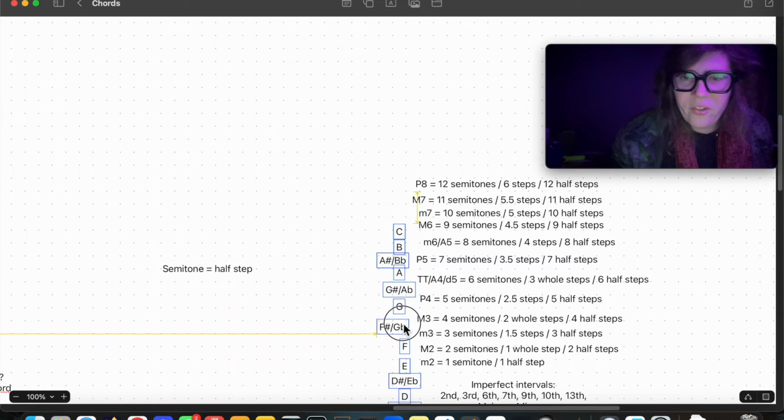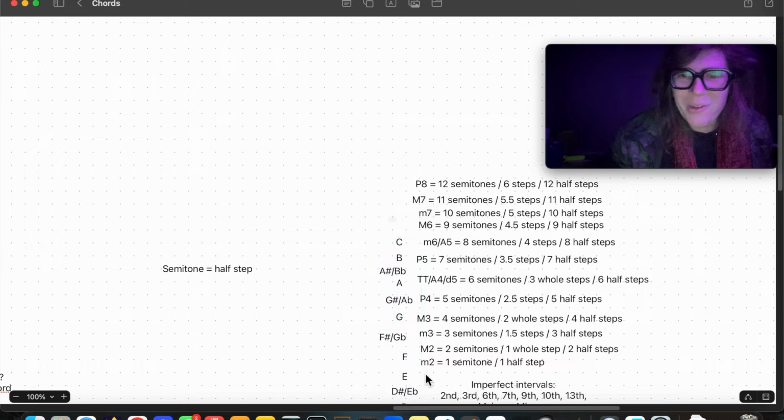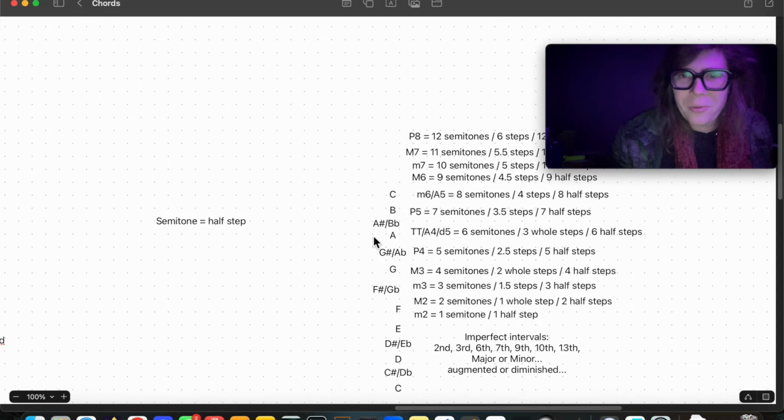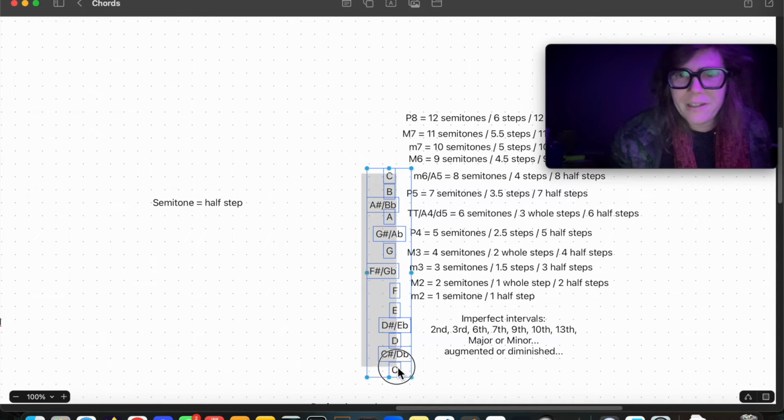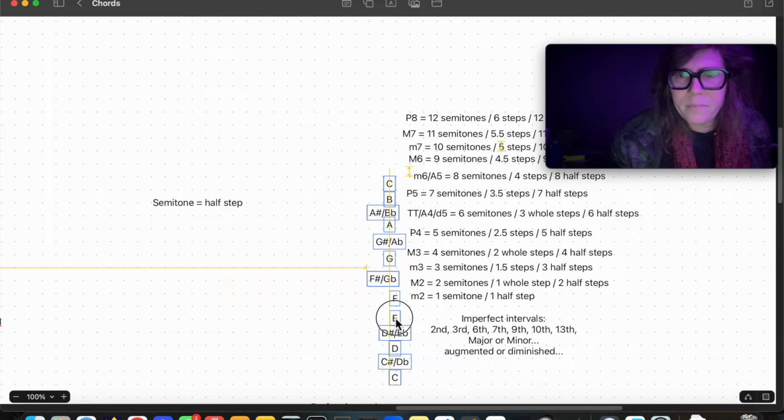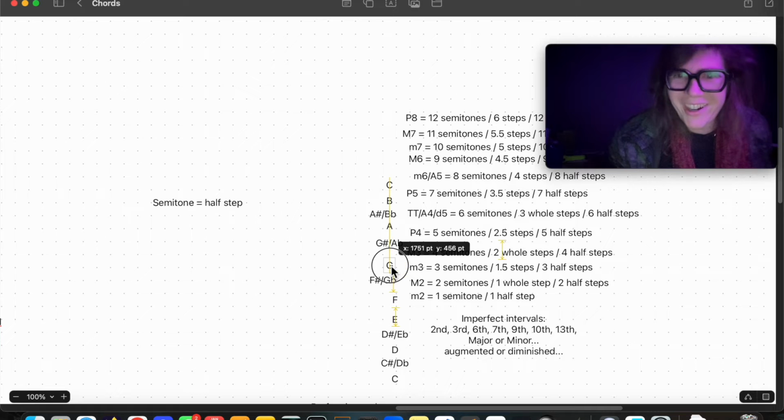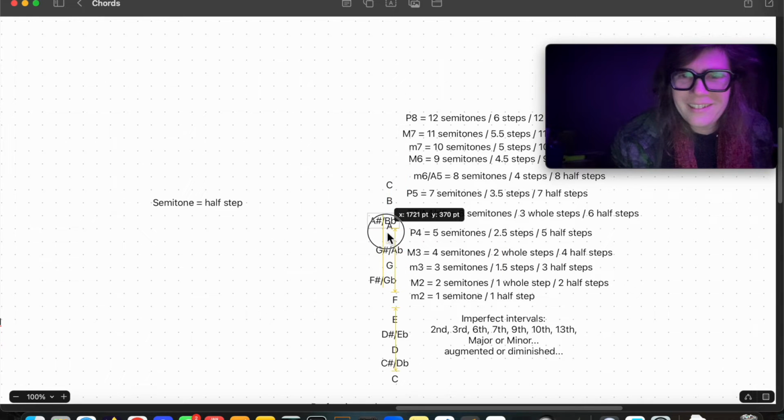If I put E down in this position, I'm trying to align it the best way I can. Can it be done? Yeah, it almost works. It's almost in alignment, right? And look at that. Now it's up from E. F is the minor second. F sharp is the major second, right?